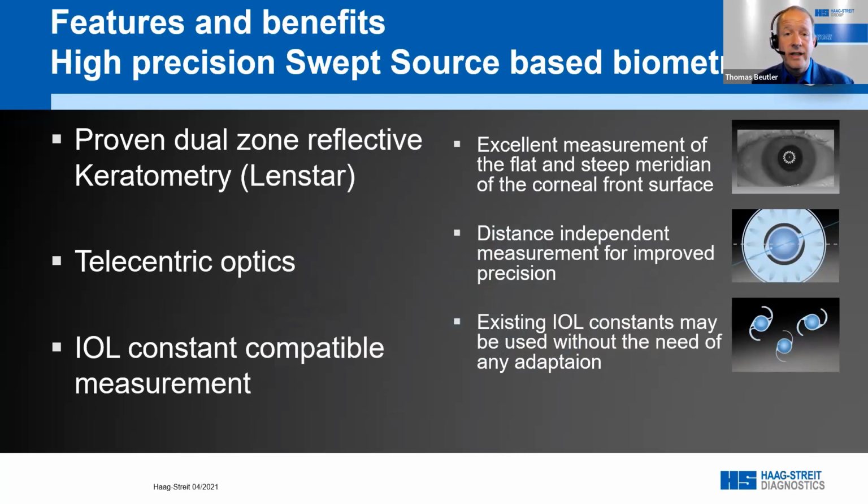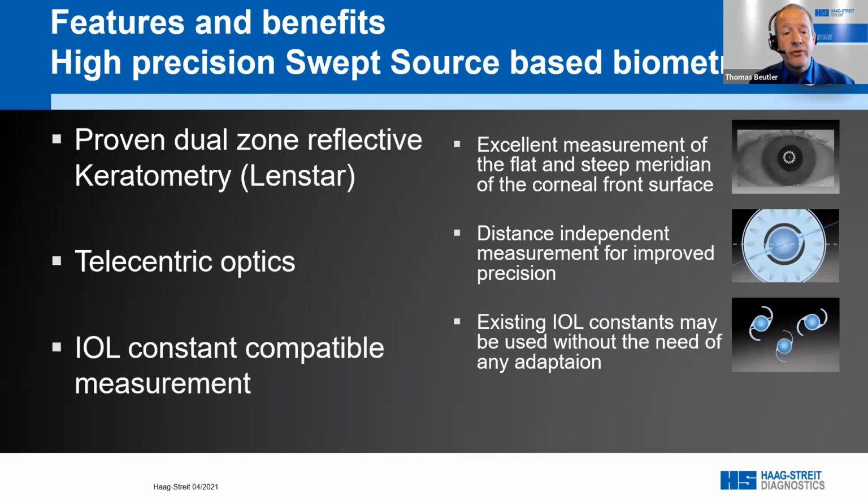It has shown its superiority to just 6-point-based reflective keratometry to provide improved outcomes on toric IOLs, and it's working with standard IOL constants. So there's no need to adapt any IOL constants if you use the same keratometry as with standard devices.